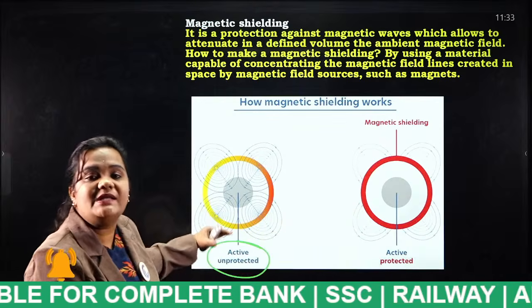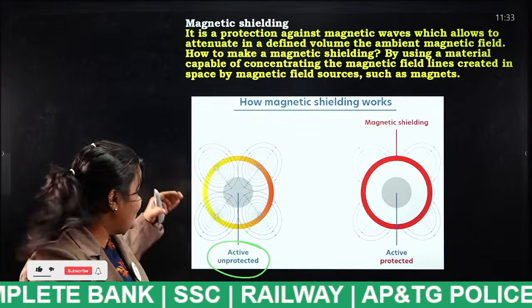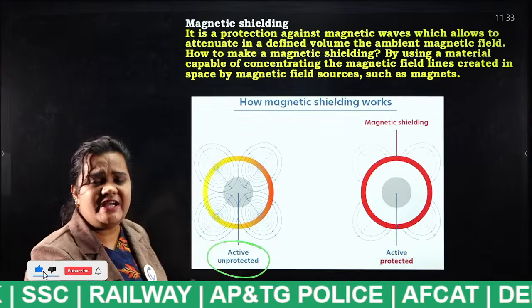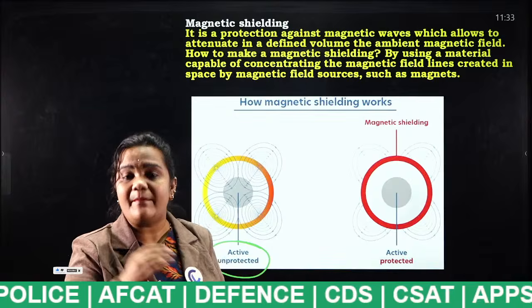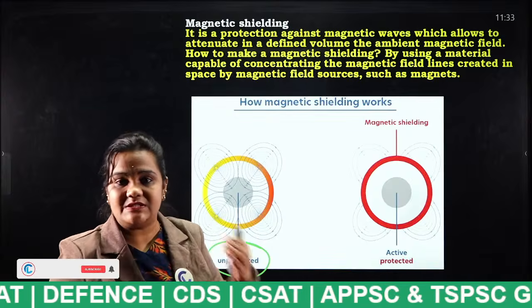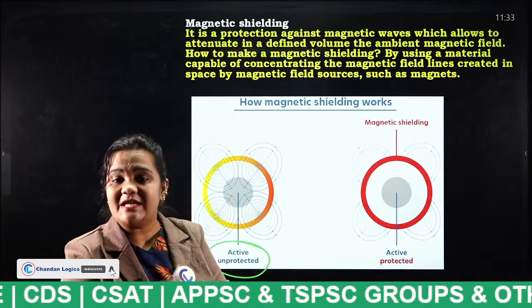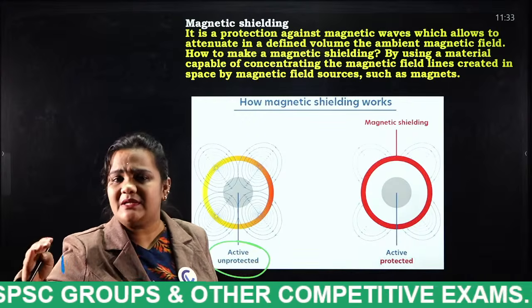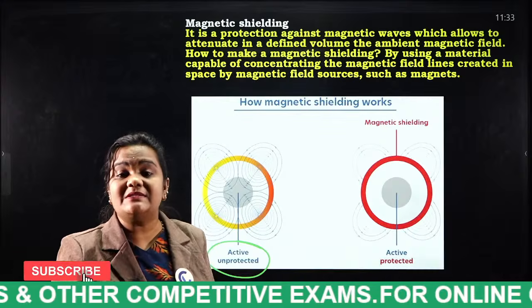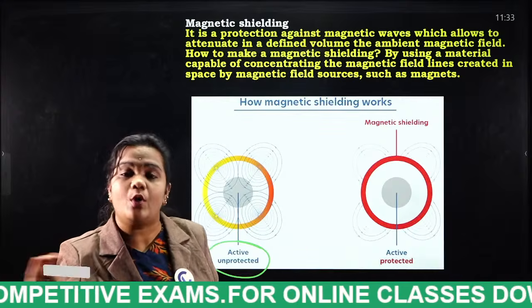Shielding is nothing but what, students? We have to shield the magnet with the magnetic material itself. For example, if we shield the magnet with plastic, will the magnet have the properties of magnetism? No, that means it is active but unprotected.